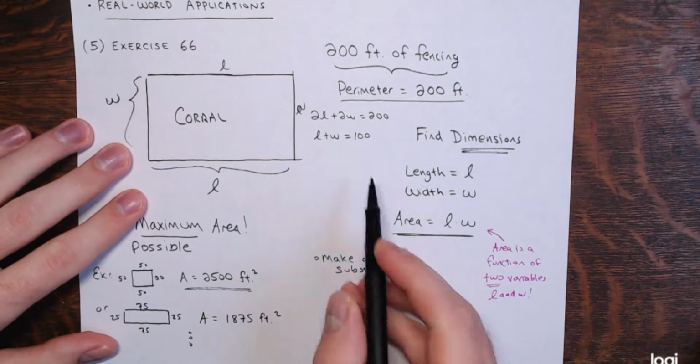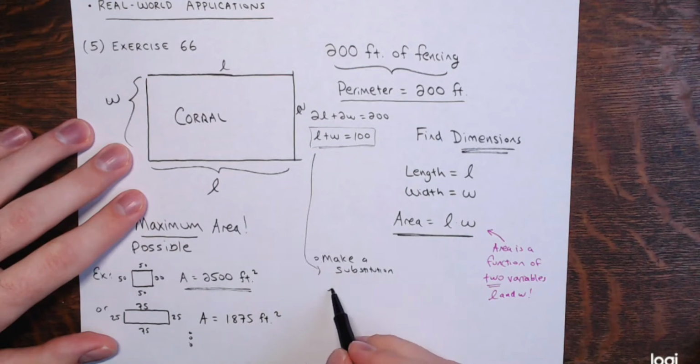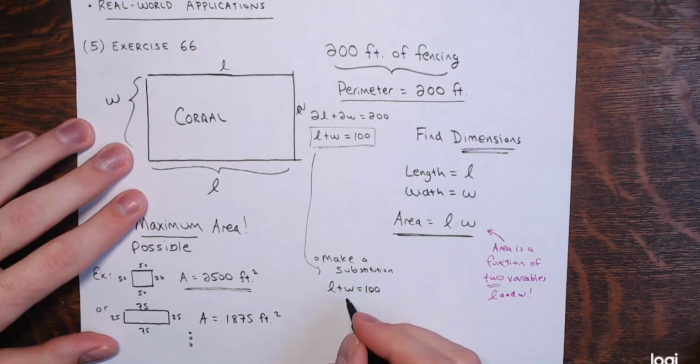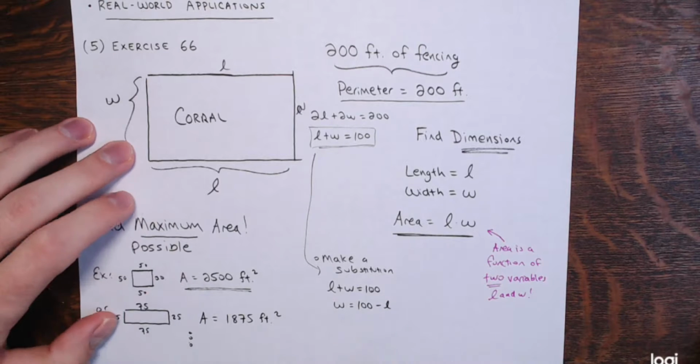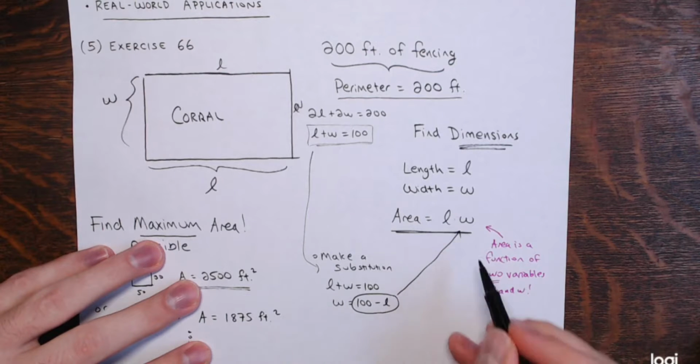And here's what we're going to do. Take this L plus W equals 100. Just solve for one of the variables. Say W equals 100 minus L, or negative L plus 100. And then substitute this 100 minus L for W in the area function.